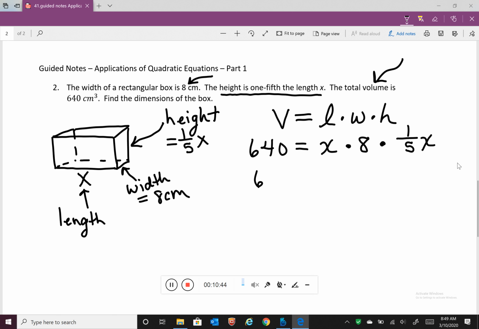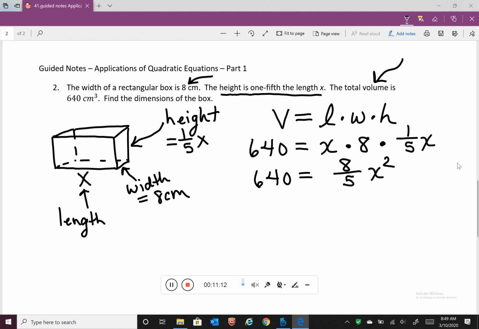Simplifying the right-hand side, x times 8 is 8x times 1/5. Notice 8 is in the numerator, 5 is in the denominator, and x times x is x squared. Notice this is quadratic. Notice also we have an equation with a fraction.